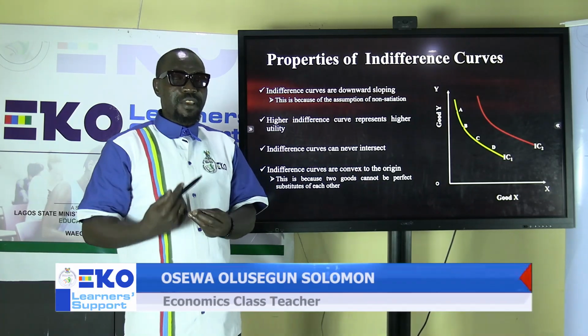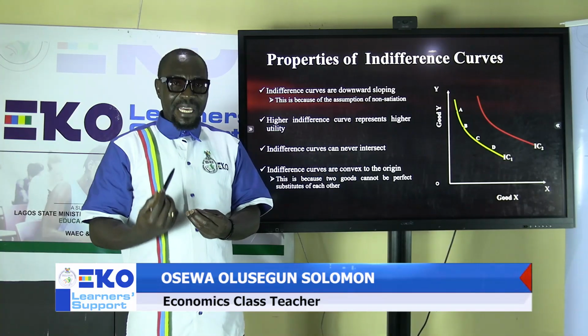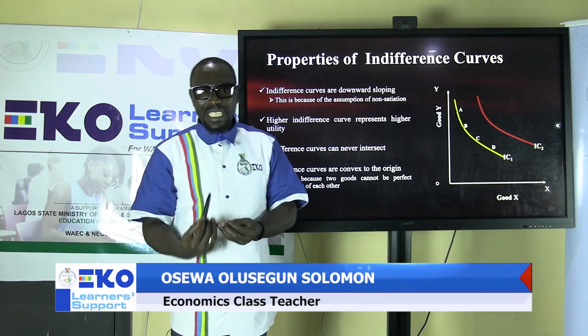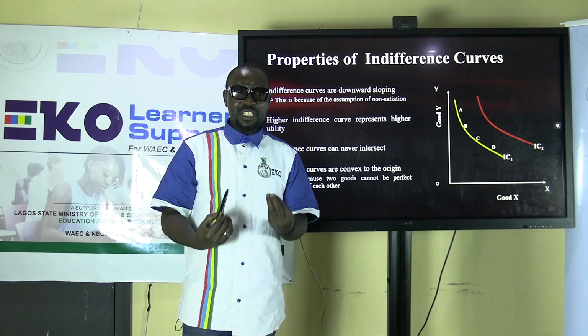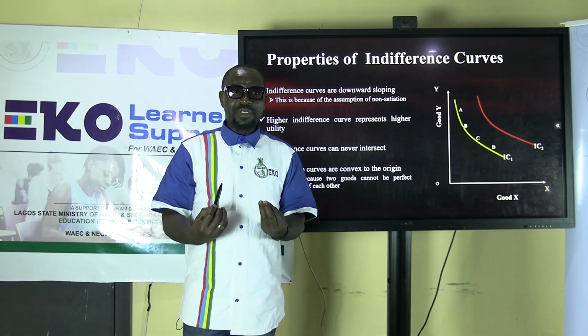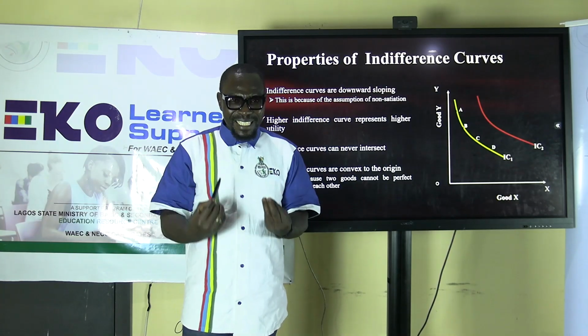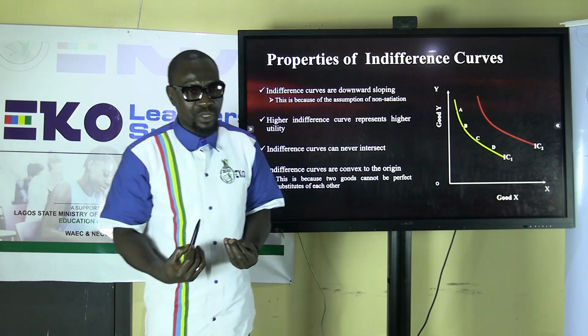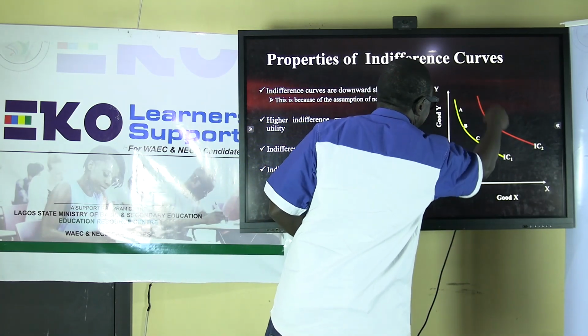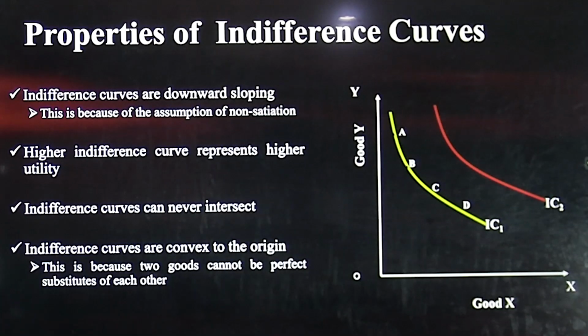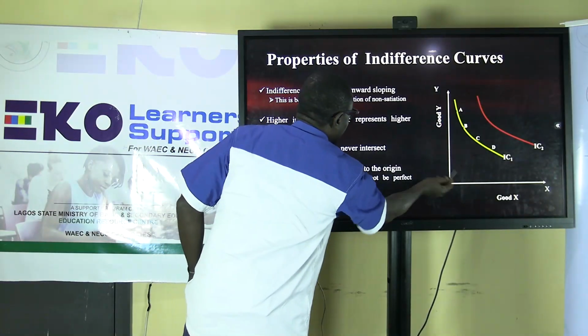So even if commodity X can be consumed in place of commodity Y as a substitute, it doesn't mean that both of them will give the exact same satisfaction. And that is why the indifference curve shows that very clearly by being convex to the origin. And the origin here is 0.